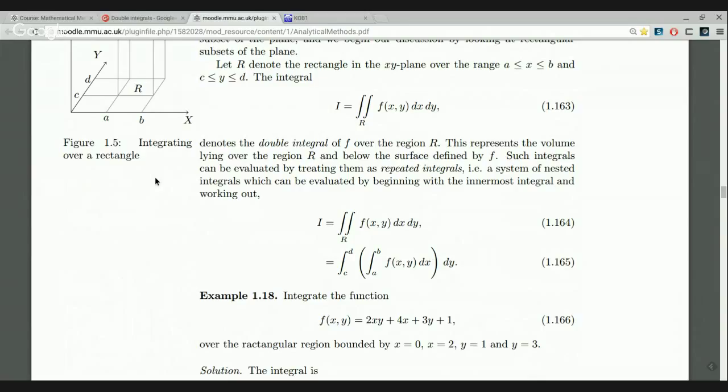Okay? So this inner integral, we'll do an example now. We'll do example 1.18. That inner integral should be recognized as a function of y. So let's look at this.